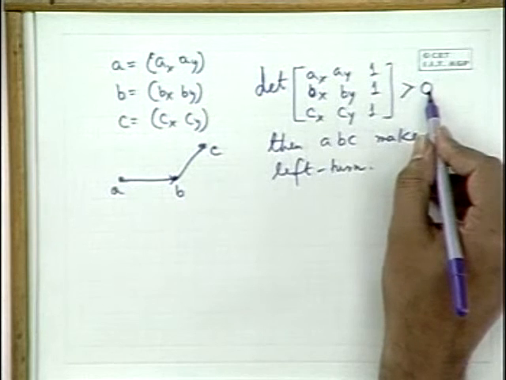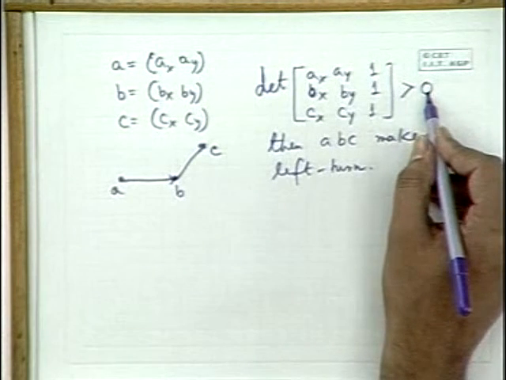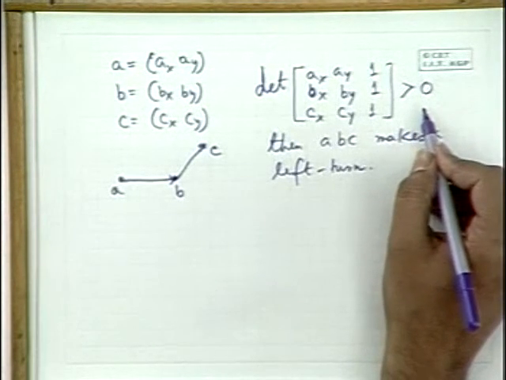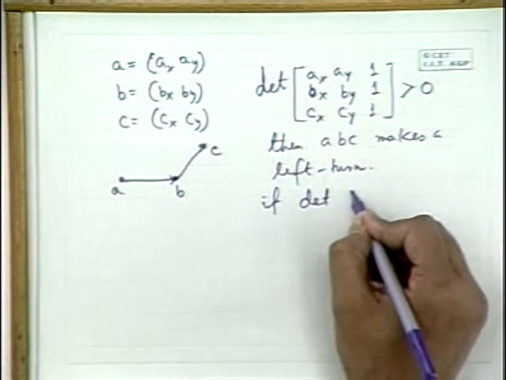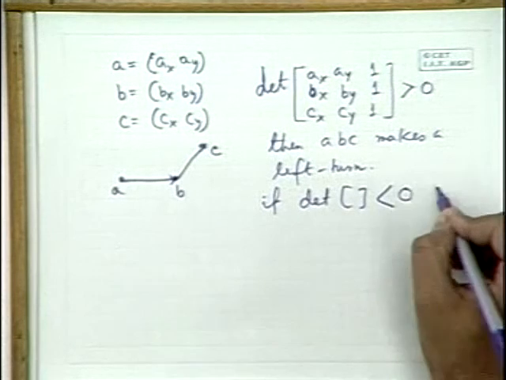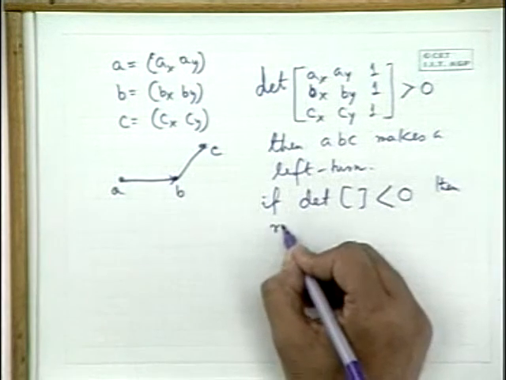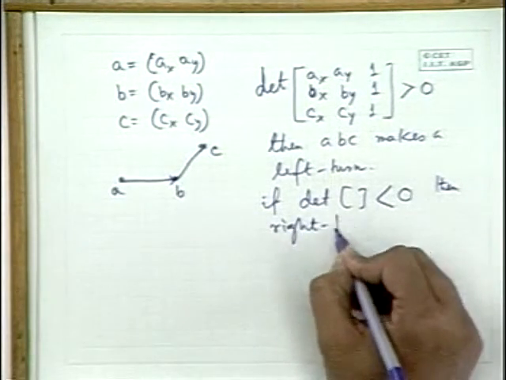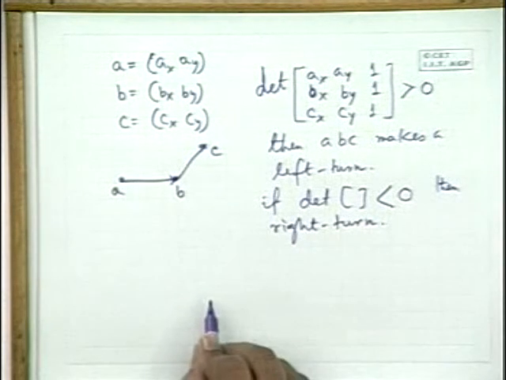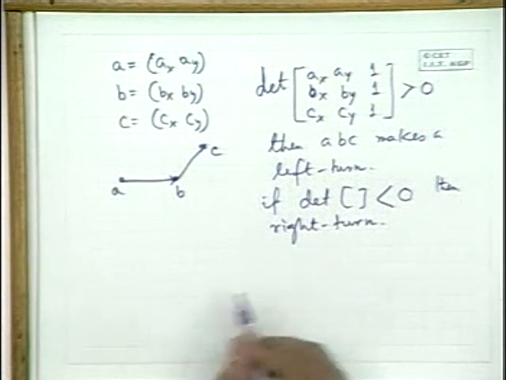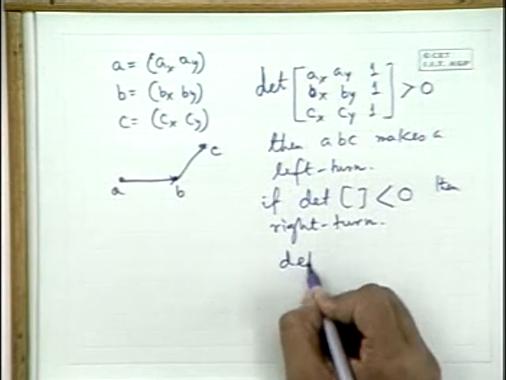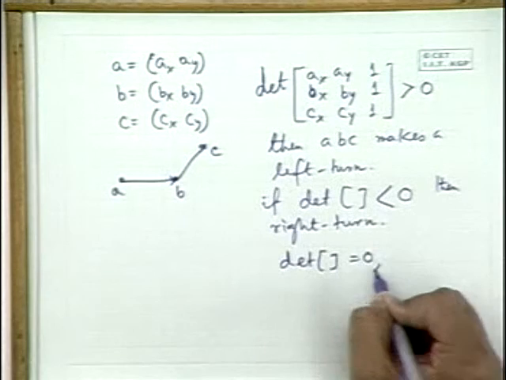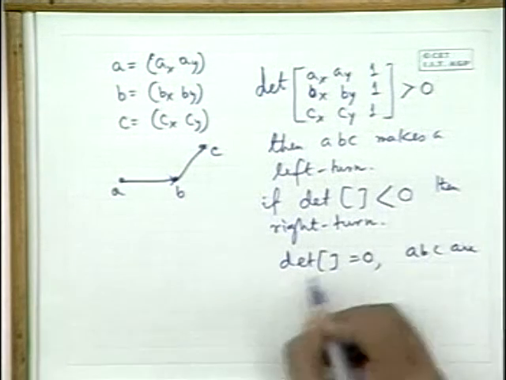If the determinant is less than 0, then it makes a right turn. And if it is 0, then all the 3 points are collinear. So if the determinant is exactly 0, ABC are collinear.